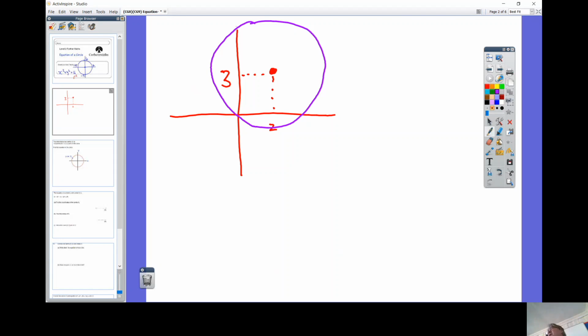The equation of a circle where the centre is not the origin is x minus 2 all squared plus y minus 3 all squared equals whatever the radius was squared.